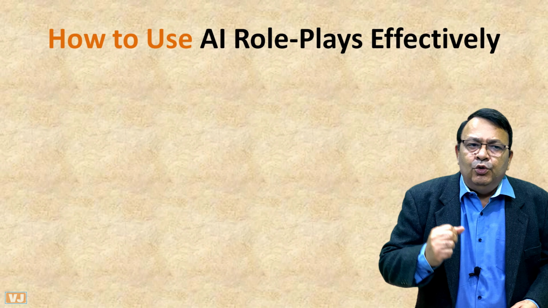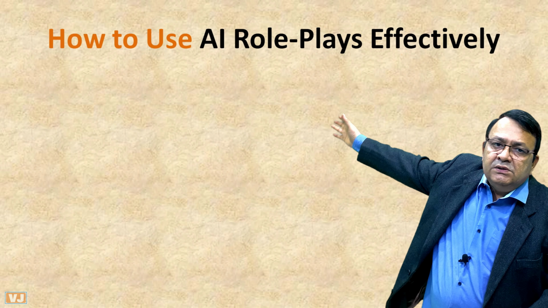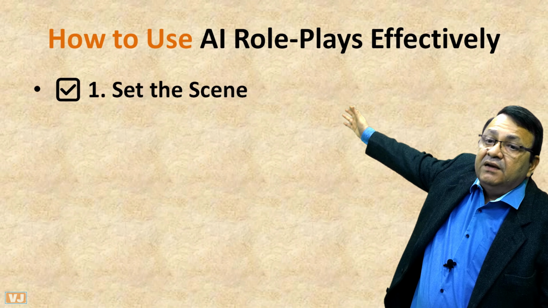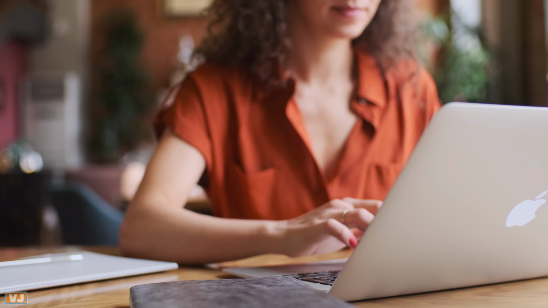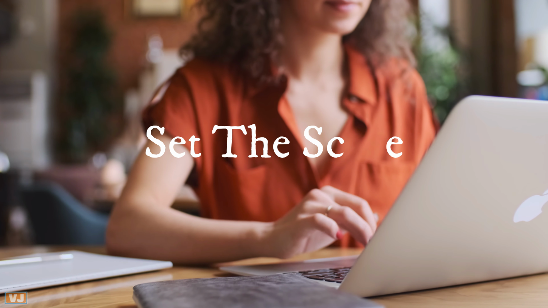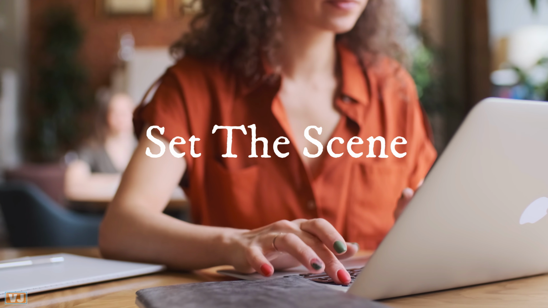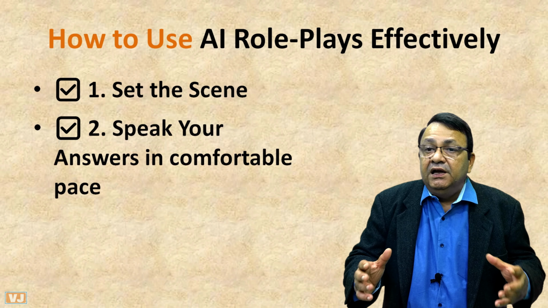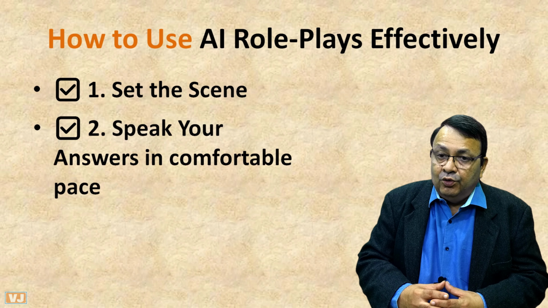Now, I will tell you step by step how to use AI role plays effectively. In the first step, set the scene. Imagine you are in a real interview. Find a quiet place, sit up straight, and respond like you would in front of a hiring panel. In the second step, speak your answers at a comfortable pace and tone.